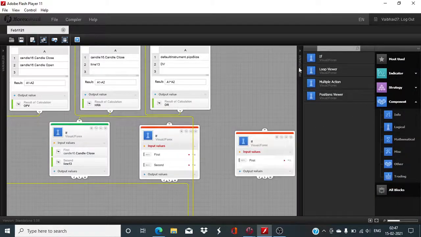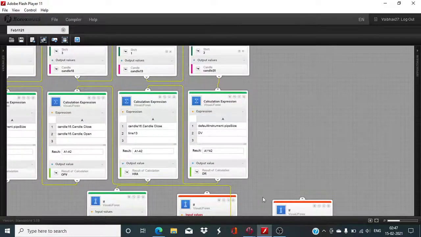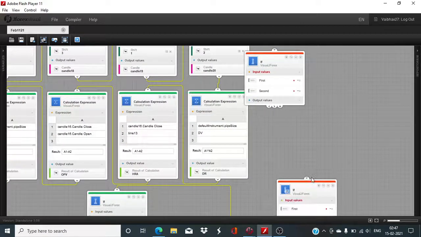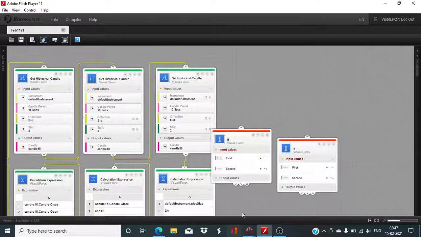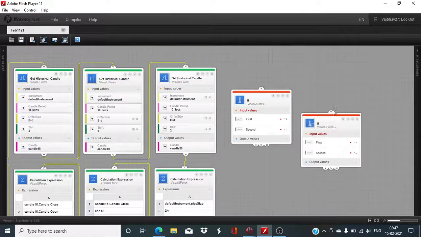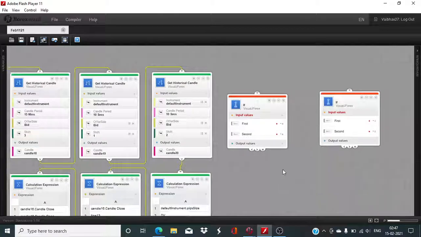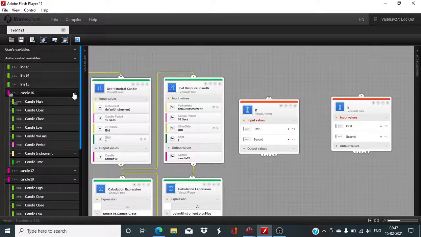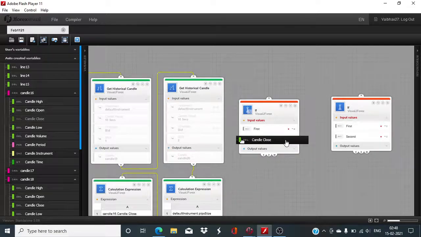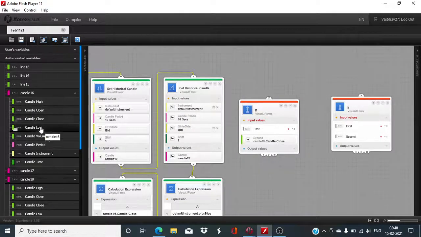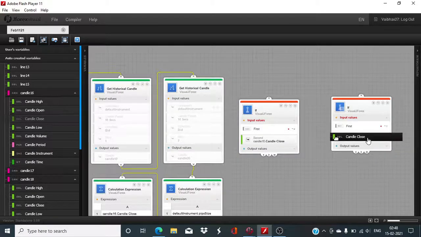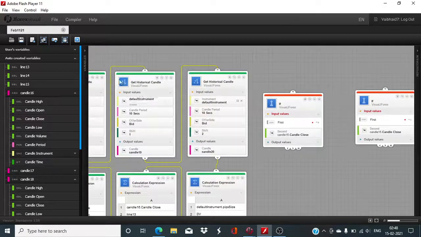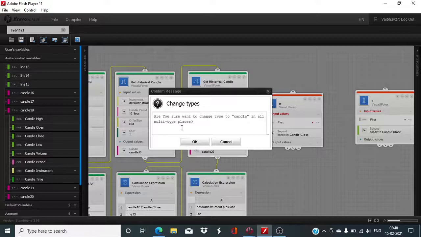For that, all we have to do is compare the closing values of candle 19 and candle 20. Candle 16's close needs to be the common condition, second variable, and candle 20 should have closed above it.